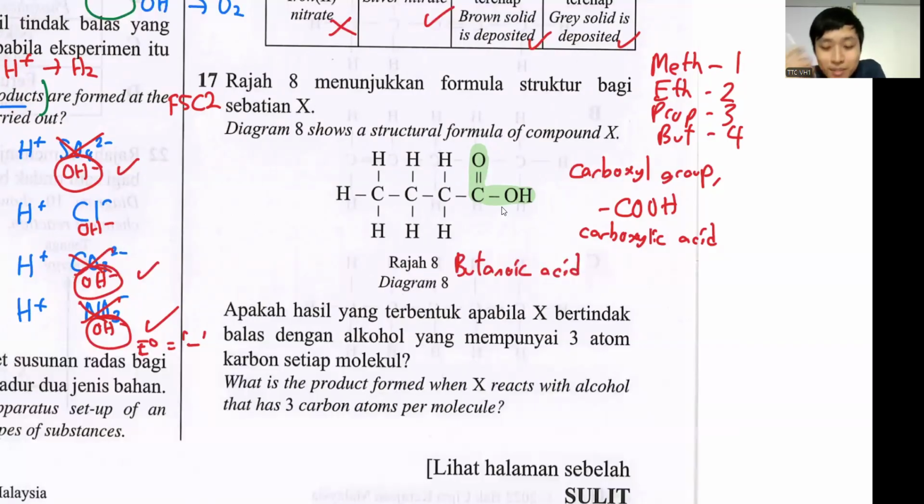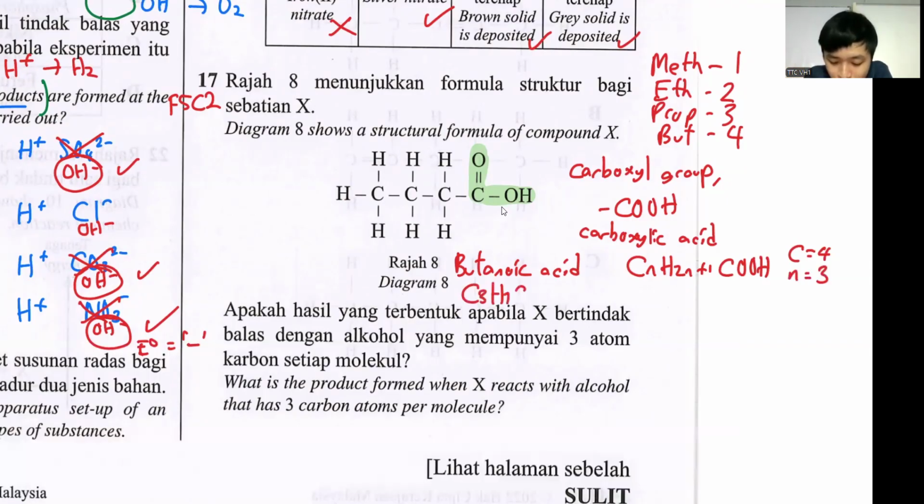Do you know the formula? It's already drawn for you. The general formula is CnH2n+1 COOH. When you have 4 carbons, n equals 3. So that's why you get C3H7COOH. Very good.